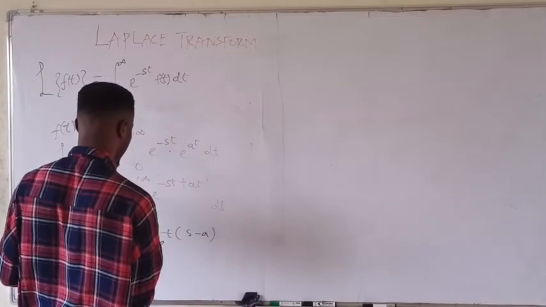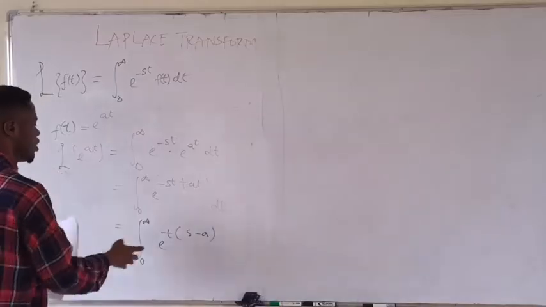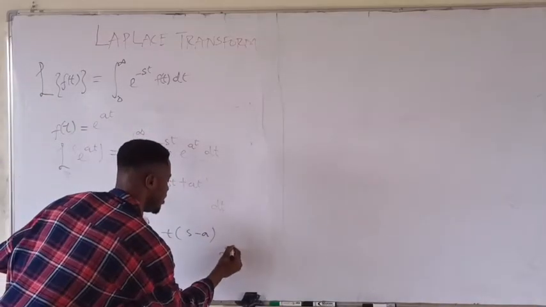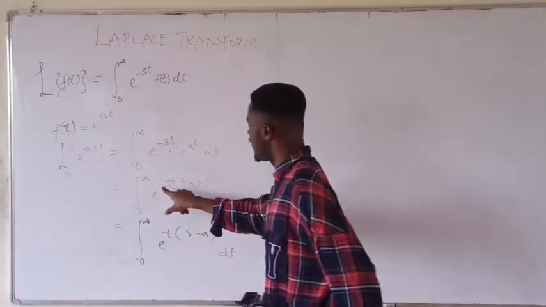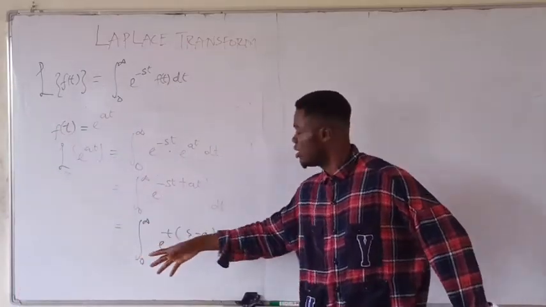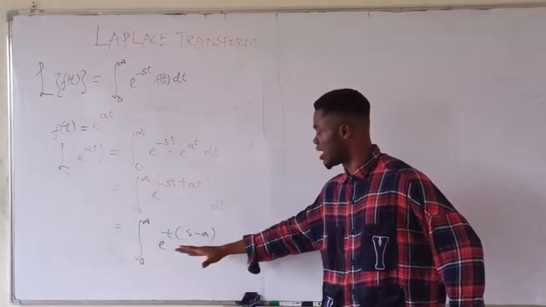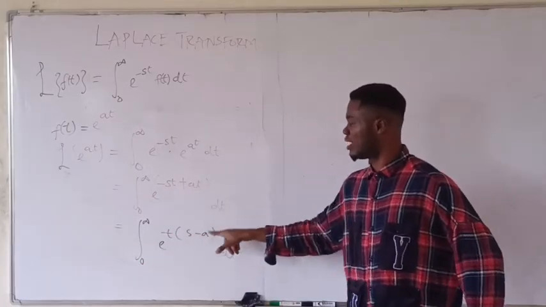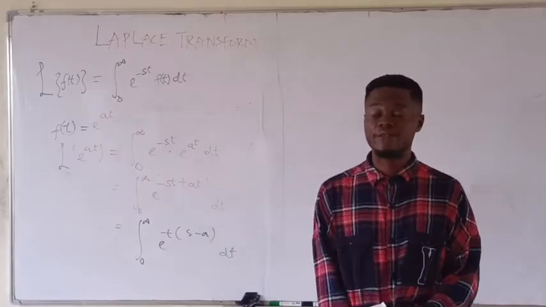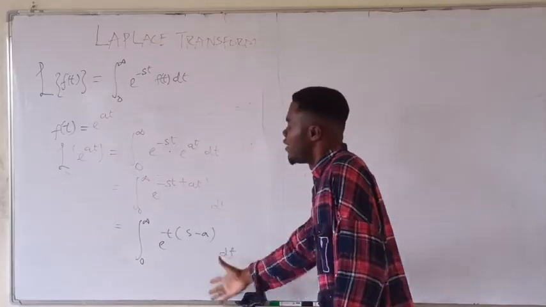Alright, so that's what we are going to have. So the only thing I decided to do here was to factor out minus t outside. And of course, minus t times s gives you minus s. Minus t times minus a gives you a positive at. So this is what we have.